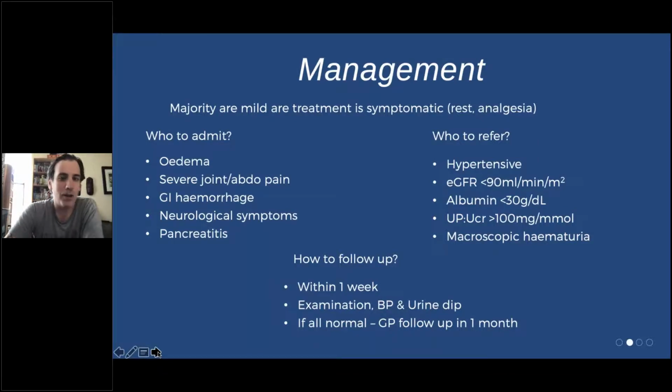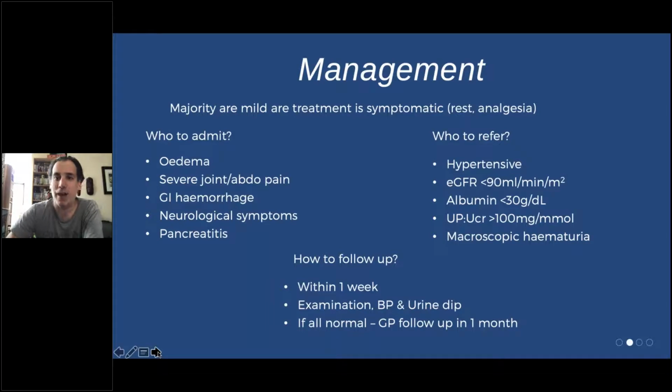If the urine dip is normal, you write to their GP so the child can be followed up at their surgery with a urine dip and a blood pressure at 1 month, 3 months, 6 months, and then yearly after that.